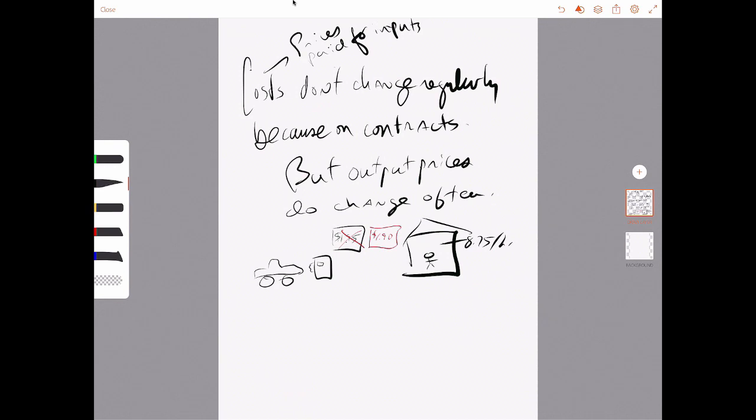And they get paid $8.75 an hour today, and they get paid $8.75 an hour tomorrow. Even though the price of gasoline has changed. So this is what we're talking about with prices being sticky. Some prices, typically input prices, are sticky. And they don't change quickly, whereas output prices, they change a lot. These are not sticky prices.